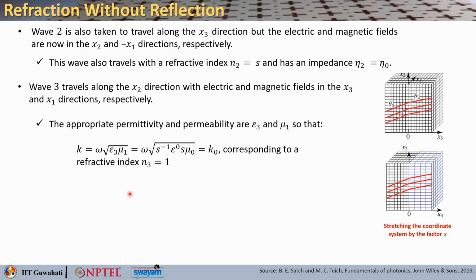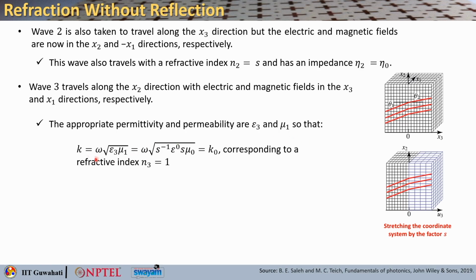And then we consider the third wave, wave 3, which will be traveling along the x2 direction, and in this case the electric and magnetic fields will be in the x3 and x1 directions respectively. In this case you can take the permittivity and permeability to be epsilon 3 and mu 1.